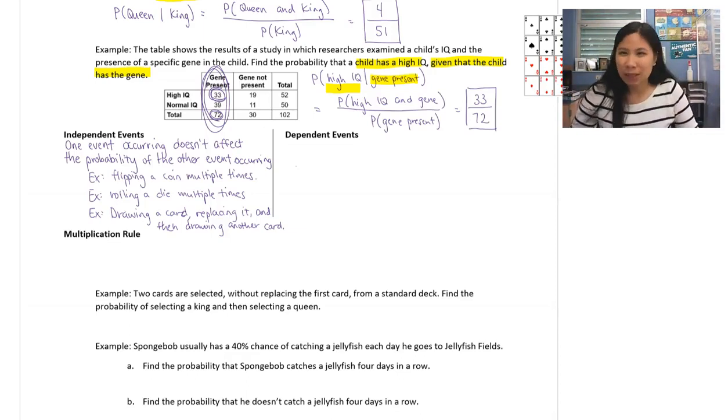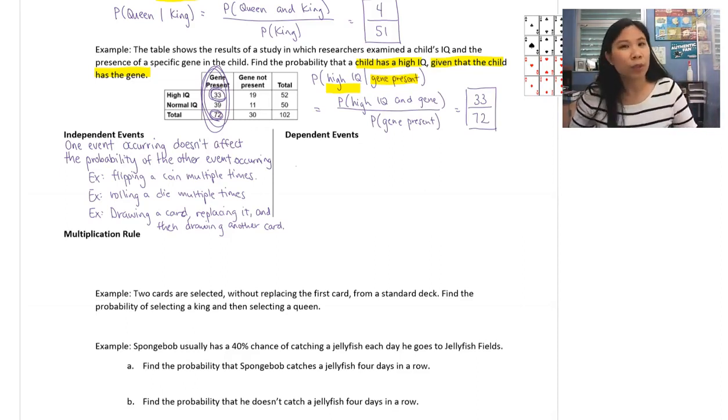Another example, this one is less obvious, but if we go back to that whole drawing cards out of a deck example, if I drew a card out earlier in the first example, we didn't put it back in. And because we didn't put it back in, now there are fewer cards in the deck overall. So that actually changes the probability, because having fewer cards in the deck changes the total number that your probability is going to be out of.